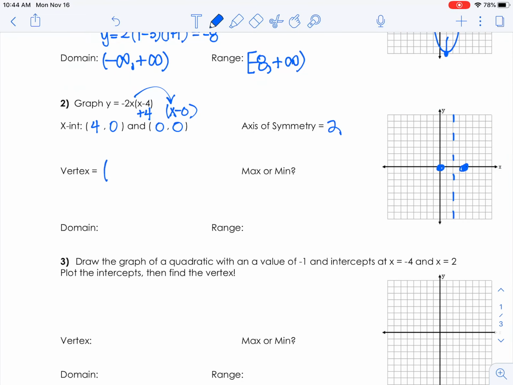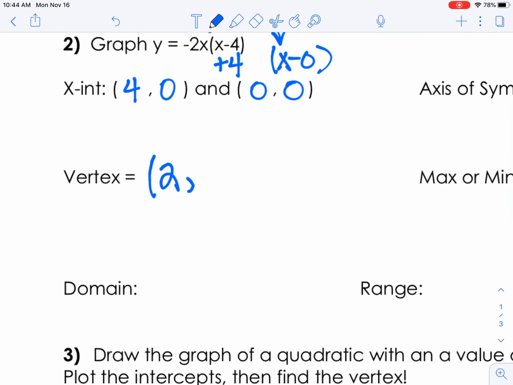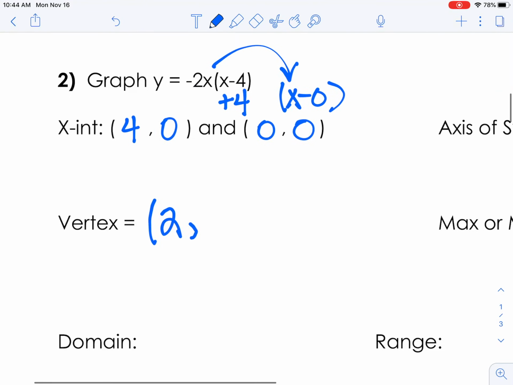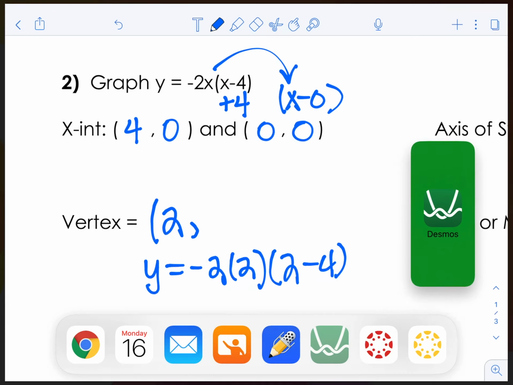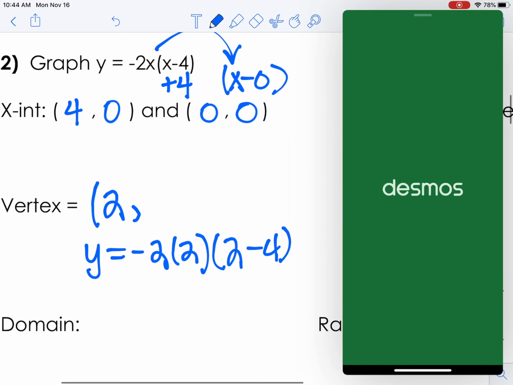Okay, so then my vertex has an x value of 2, and I need to find y. y equals negative 2 times 2 times (2 minus 4). If you can do that in your head, do it.